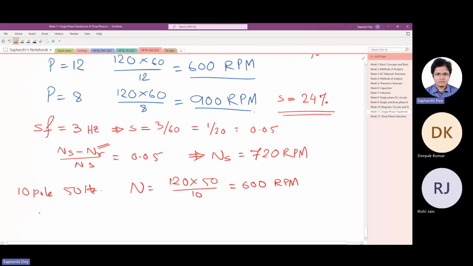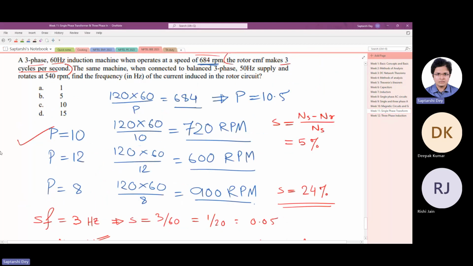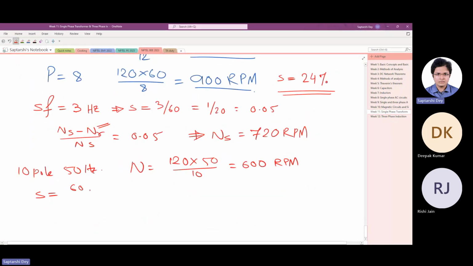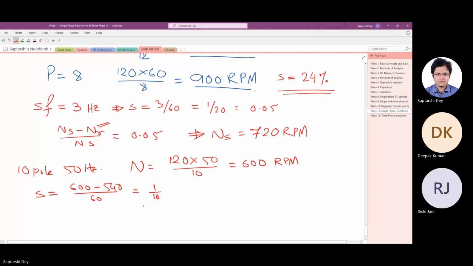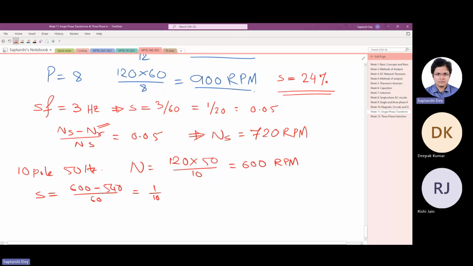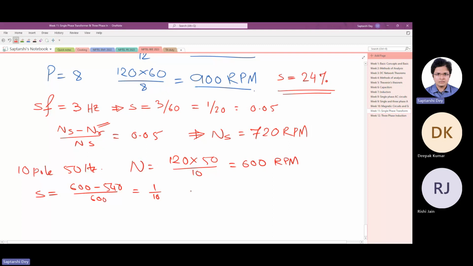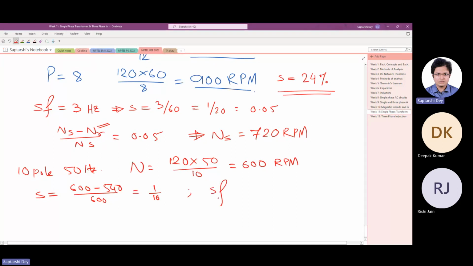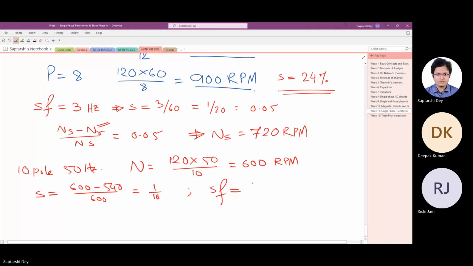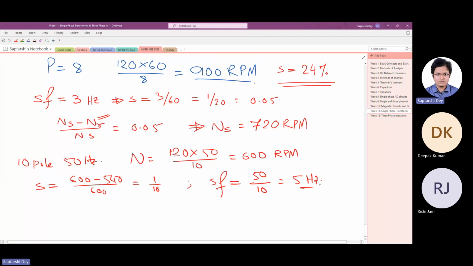So what is the slip? 540 rpm, so slip is 1 by 10. And SF, slip frequency or rotor frequency, is 50 by 10, 5 Hz.